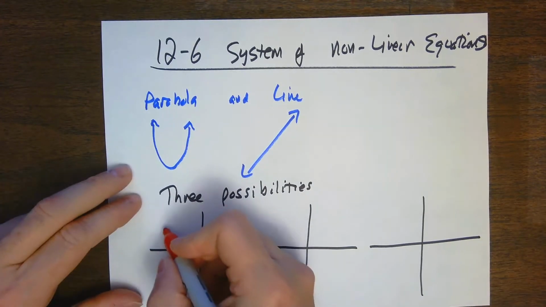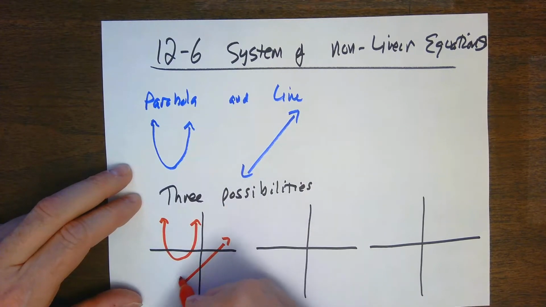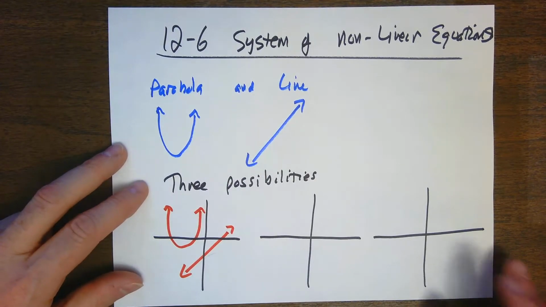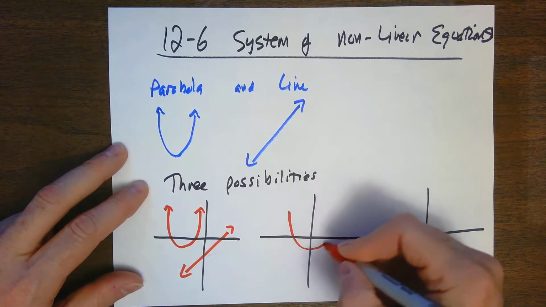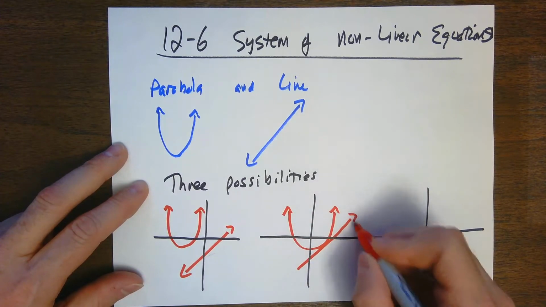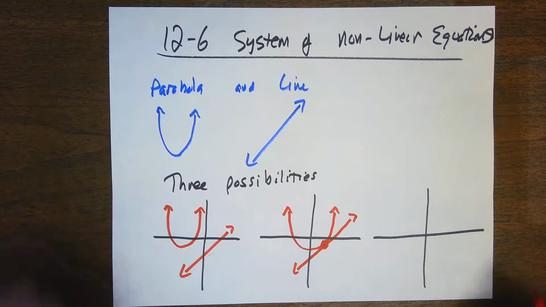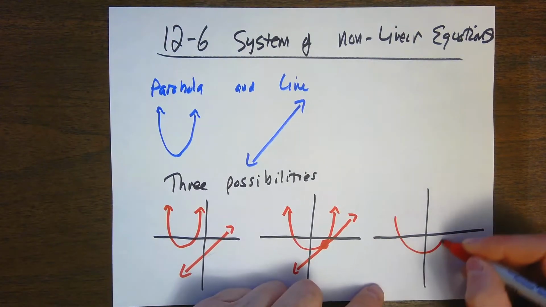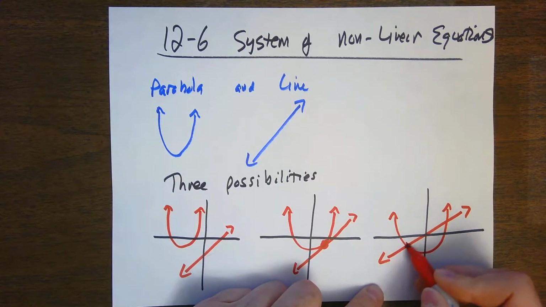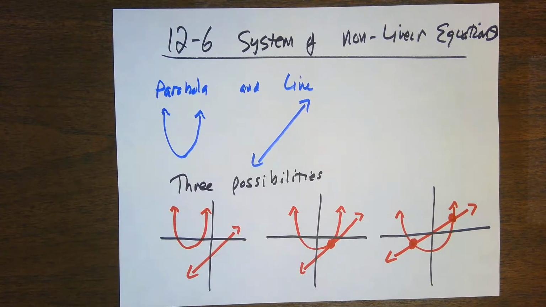I could have a parabola right here and a line right there, and of course I've got no points of intersection. I could have a parabola right here and a line right there where I get one point of intersection, or I could have a parabola right here and a line right there and I get two points of intersection.